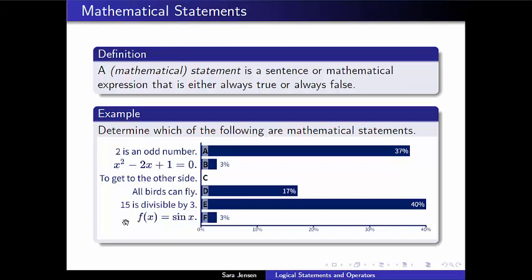And in that case, it's not a mathematical statement either. So both of these things right here and here are very mathematical things, but neither of them are mathematical statements.